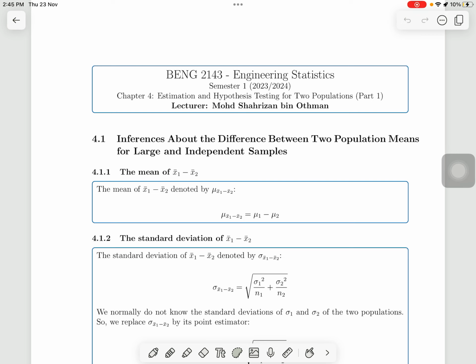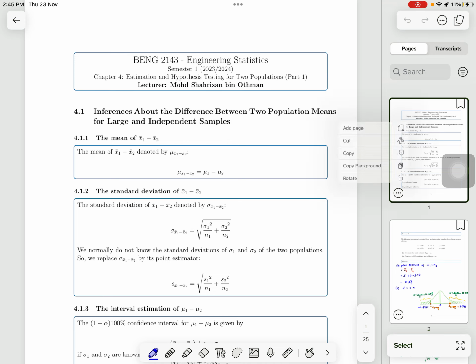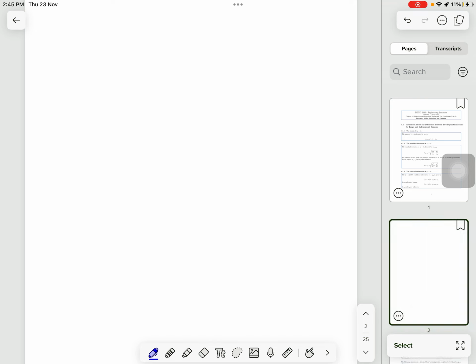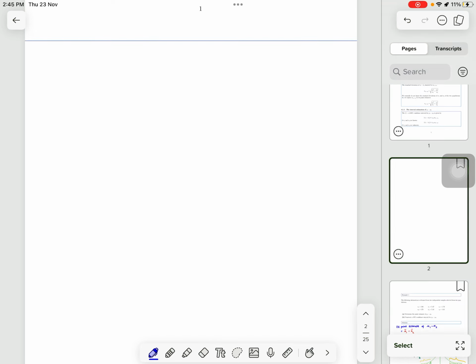Okay, let's do this. One population. For one population, like what we have learned before, we will study about the inferences, the estimation.